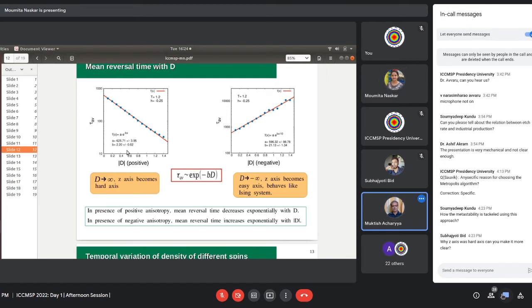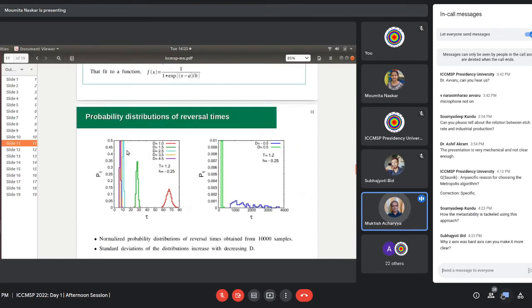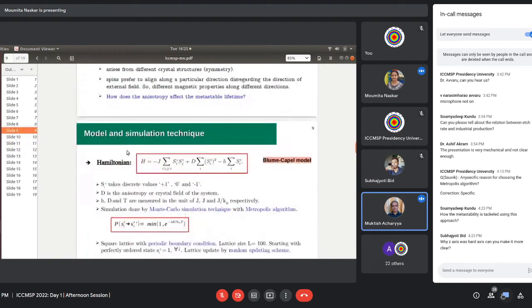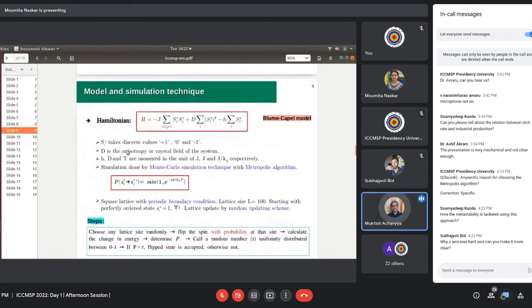Try to give the answer from the Hamiltonian and the energy minimum principle. Just go to the Hamiltonian and show the term that is related to the anisotropy, and check whether, if the z-axis is the hard axis, the energy will be minimum in that case.